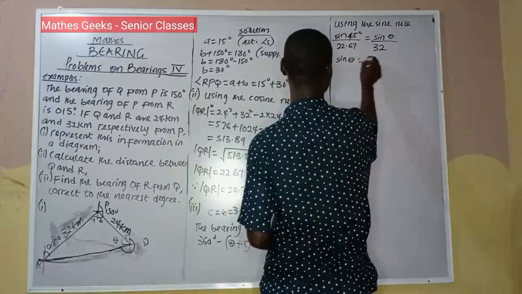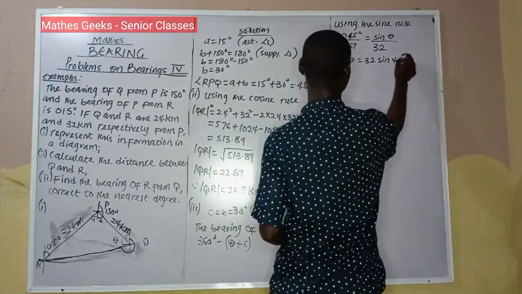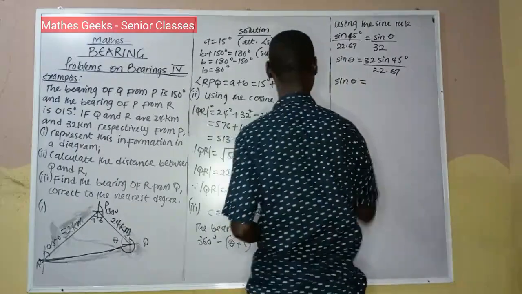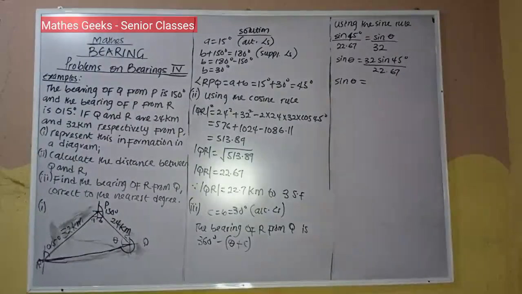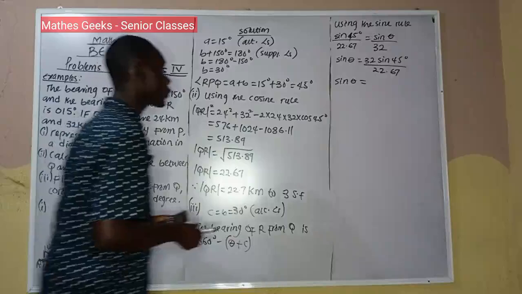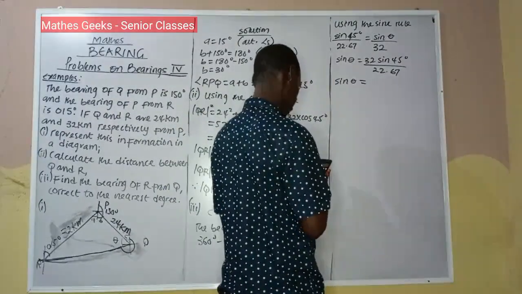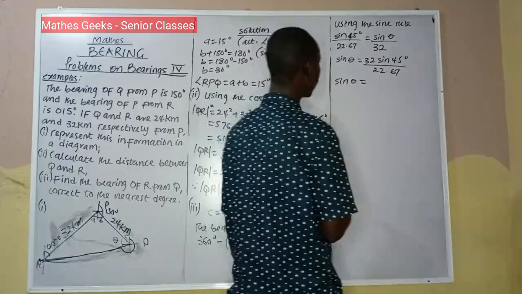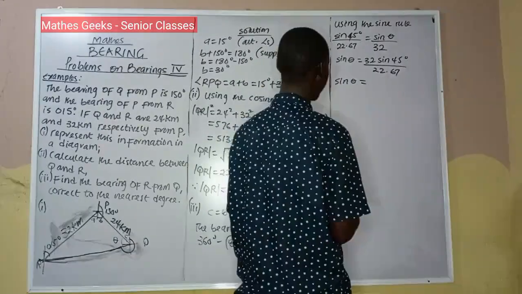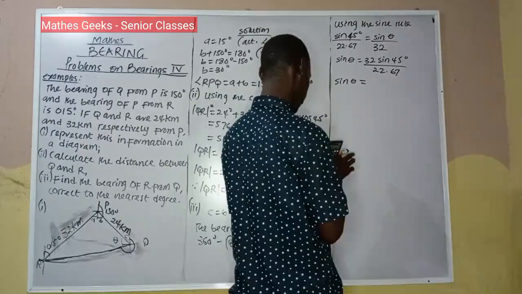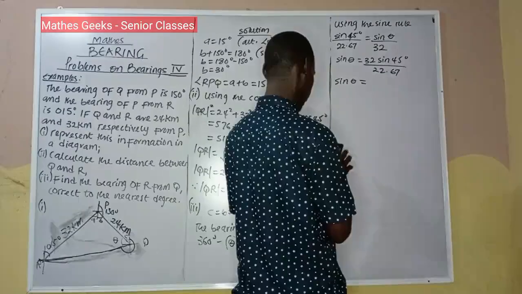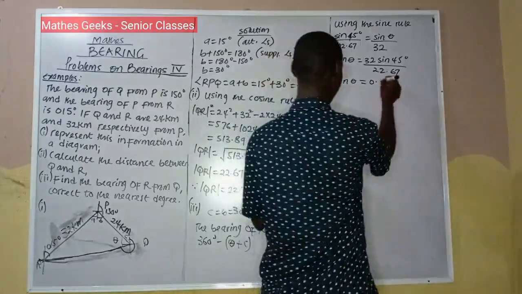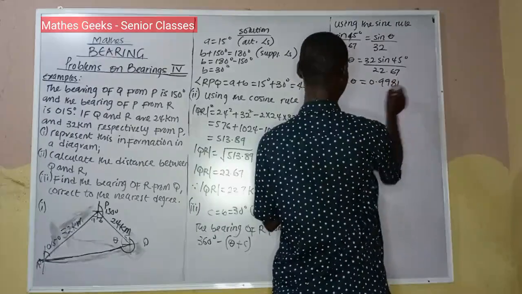Sine theta is equal to 32 sine 45 degrees over 22.67. 32 sine 45 divided by 22.67 gives 0.9981.